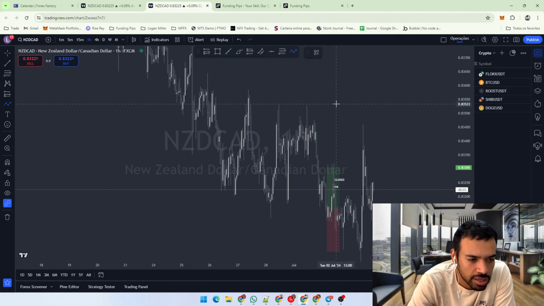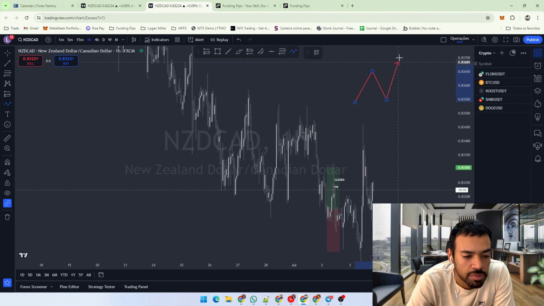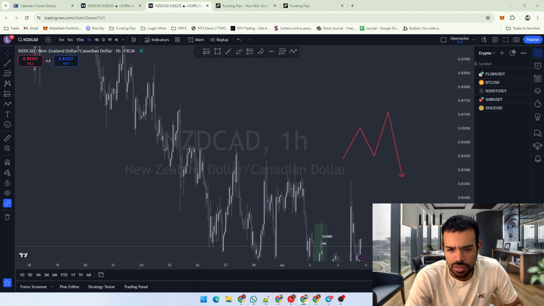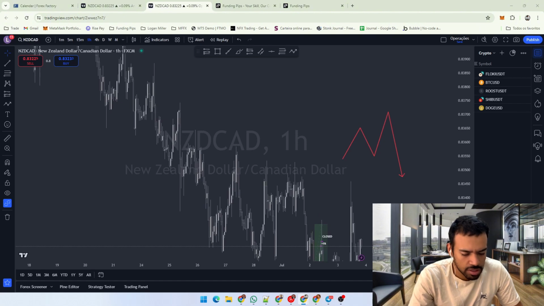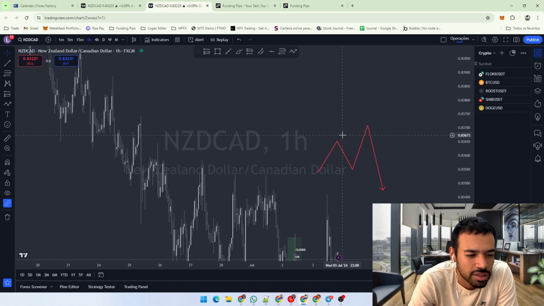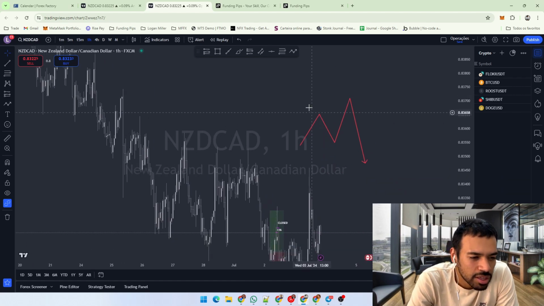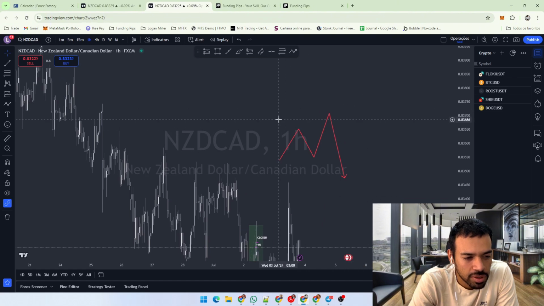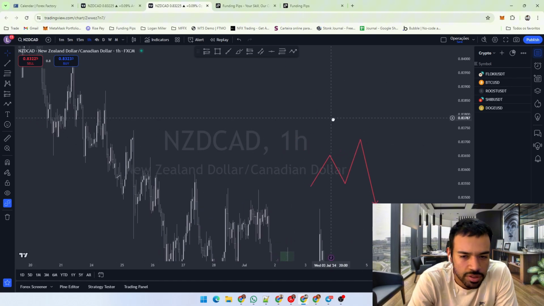Based on the trend line and support and resistance in daily, I look for this type of pattern right here in 1 hour or 15 minutes.